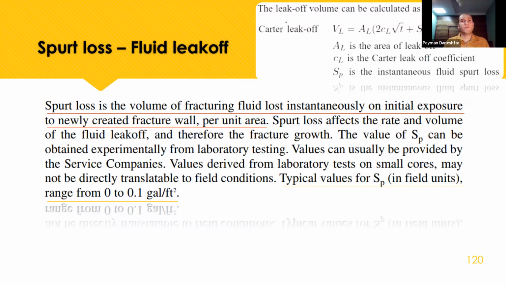You can see the formula: it depends on the area of the leak-off, the leak-off coefficient, and also the instantaneous fluid spurt loss. Spurt loss affects the rate and volume of the fluid leak-off, and therefore the fracture growth. The value of the spurt loss can be obtained experimentally from laboratory testing.